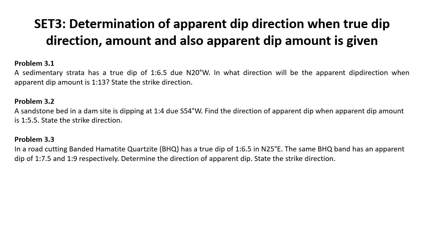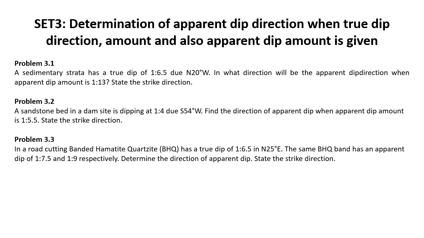Here in the third set, what is given? We have to determine the apparent dip direction when the true dip direction and amount, and also the apparent dip amount, are given. So it is similar to set 1, wherein the apparent dip direction was given and we had to find the true dip direction and amount.